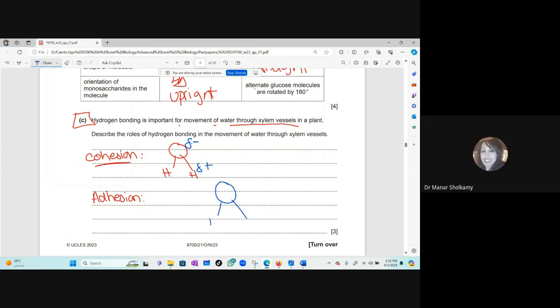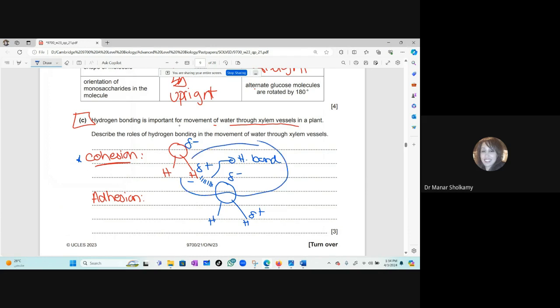The hydrogen is electropositive and the oxygen is electronegative and the hydrogen bond is here. You need to know the drawing. So cohesion is the attraction between similar water molecules, between the electronegative oxygen and the electropositive hydrogen.